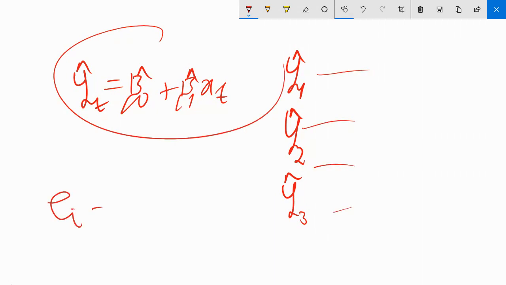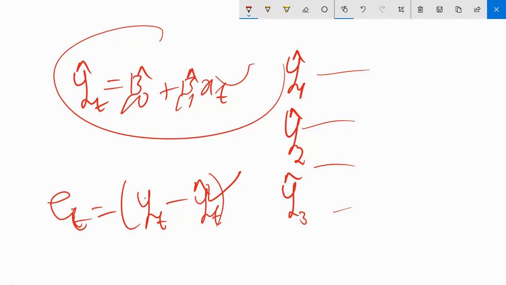Then from there, we calculate the error by using the formula Yt minus Yt hat. So we first get the model, find these values, then find the errors.